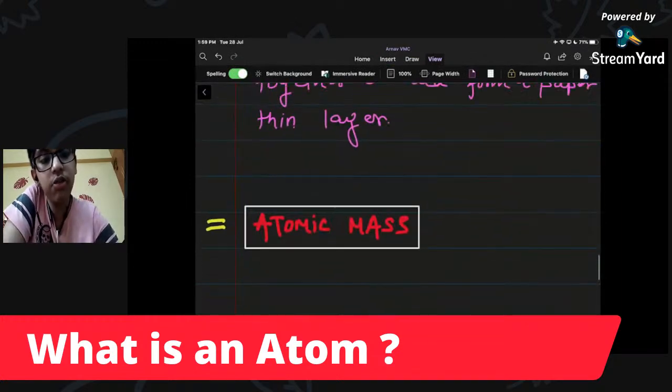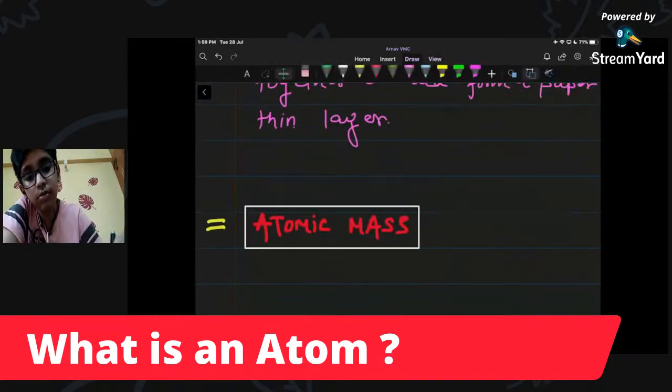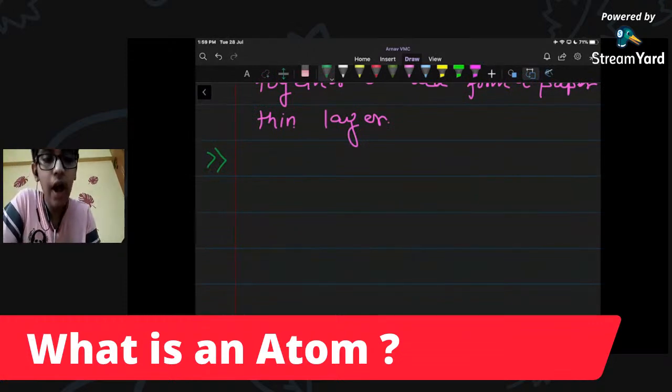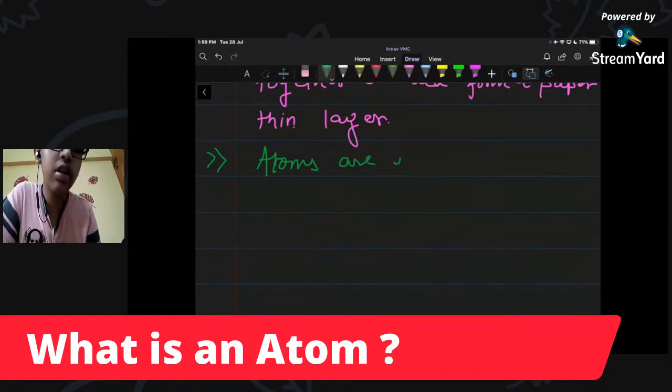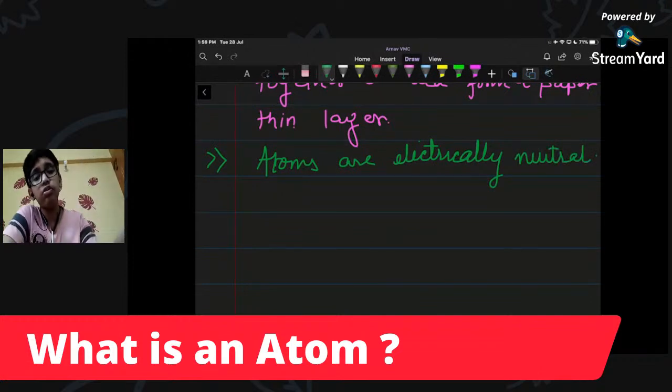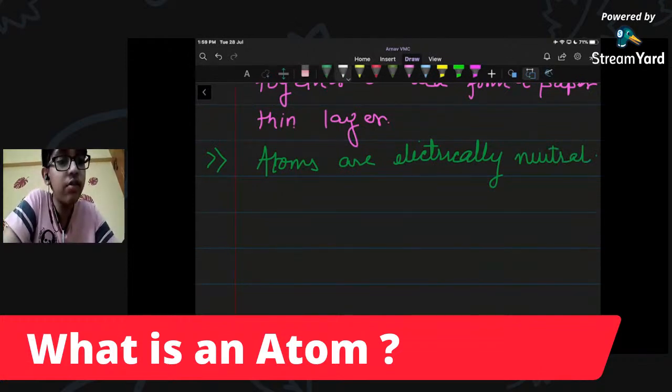Let me create some space for the next point. Atoms are electrically neutral.